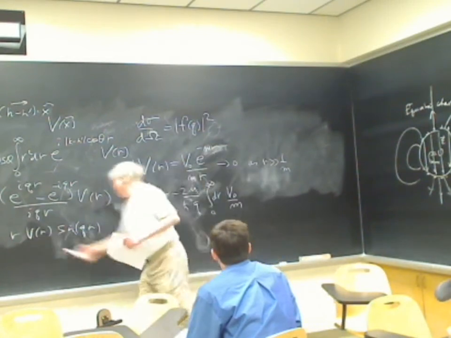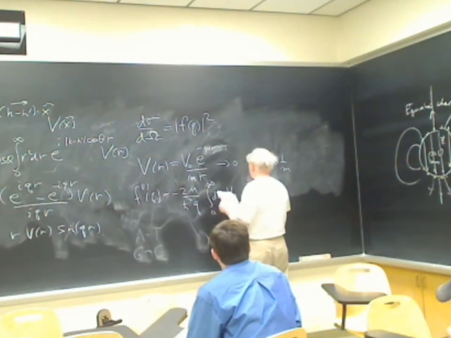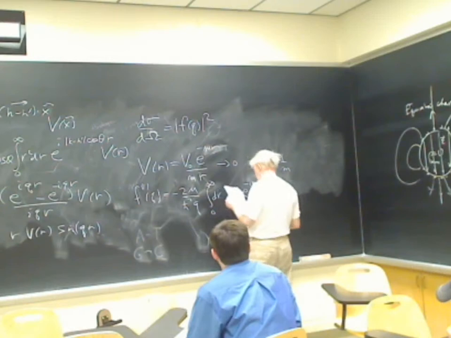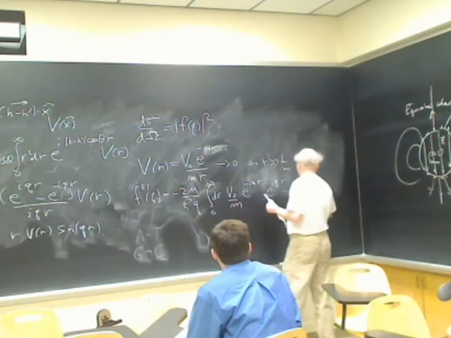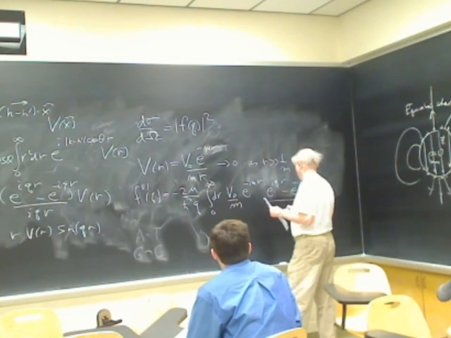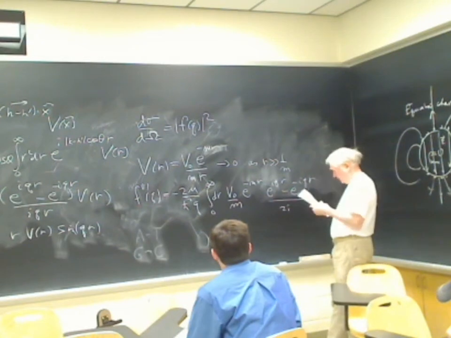This R cancels that R, and we have e to the minus mr, and then e to the i q R minus e to the minus i q R over 2i. Okay.